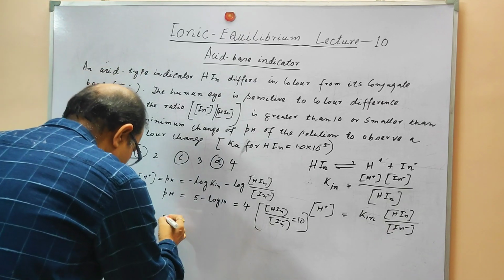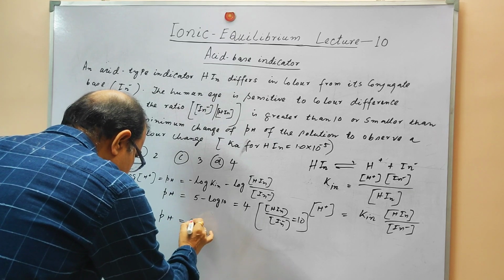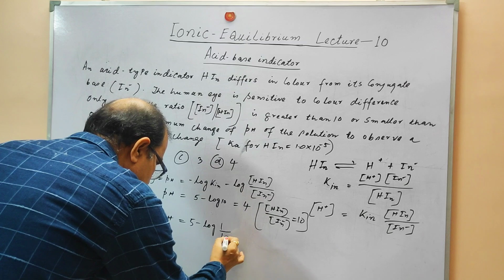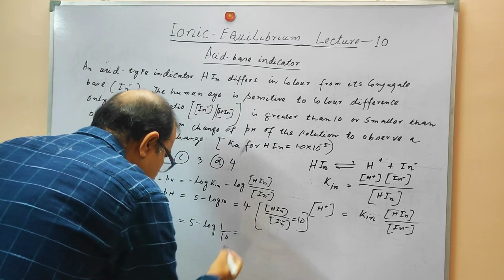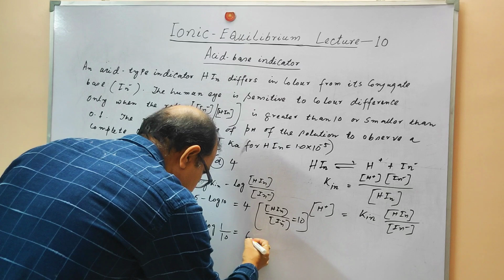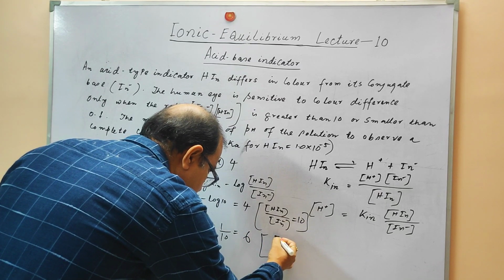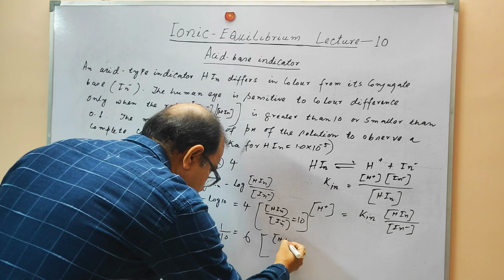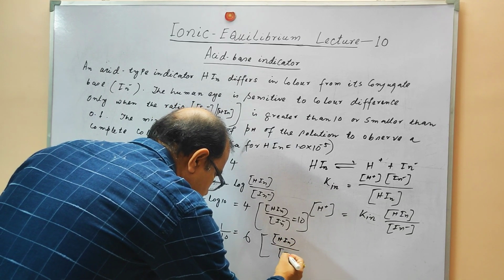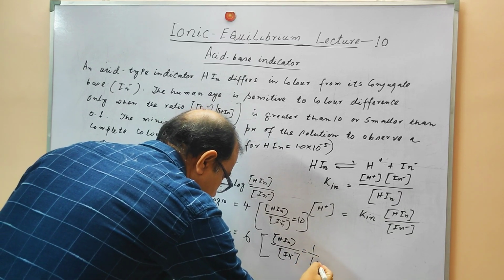Now the second case: the pH will be 5 minus log of 1 by 10, which comes to around 6, when the ratio of the acid to the conjugate base is 1 by 10.